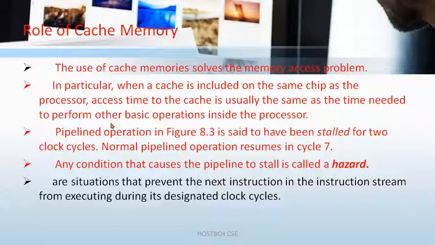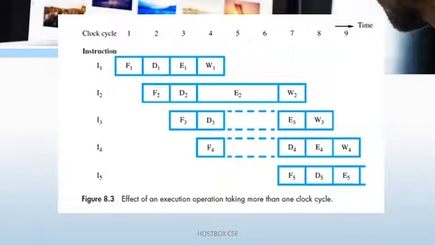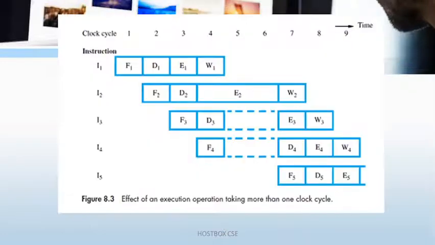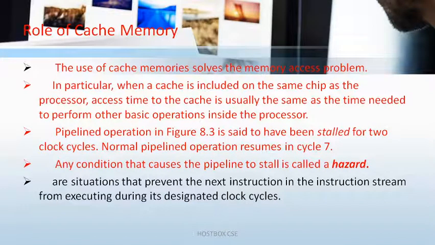So when you implement this concept, at some stage we get a problem that is called a hazard. This is the effect of an execution operation taking more than one cycle, and you can solve it with the help of some improvement methods. What is a hazard? There are 2 definitions; you can follow one.